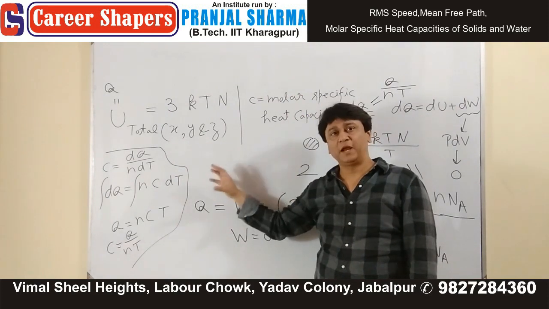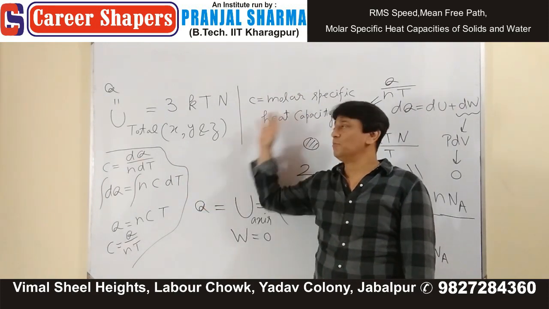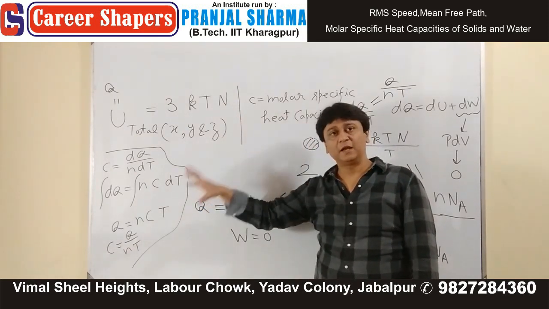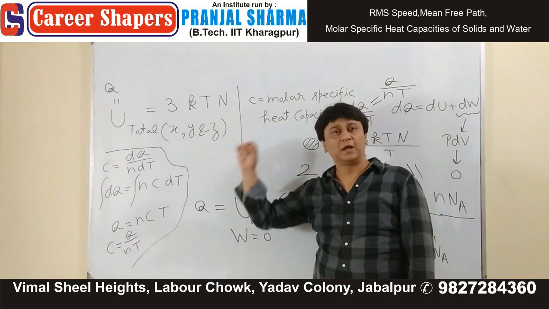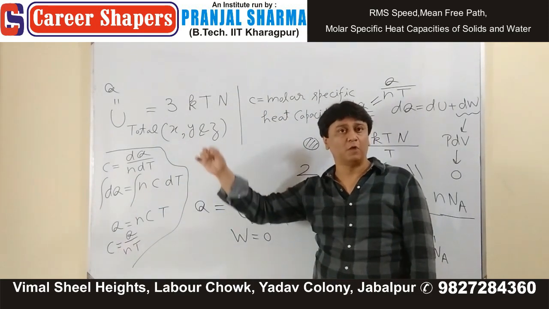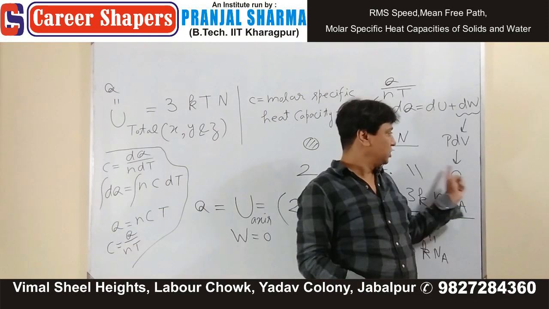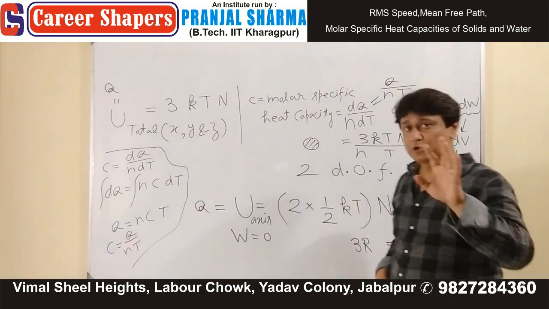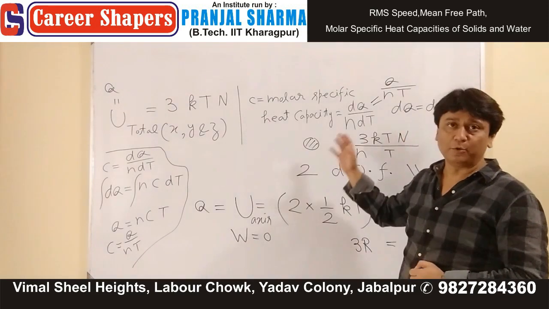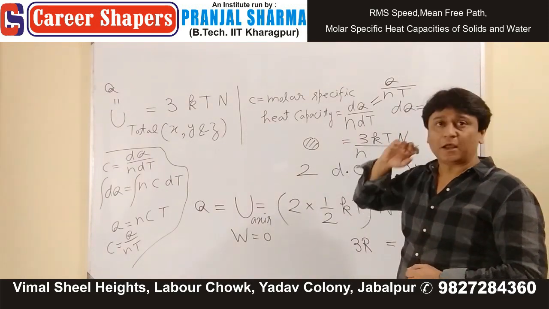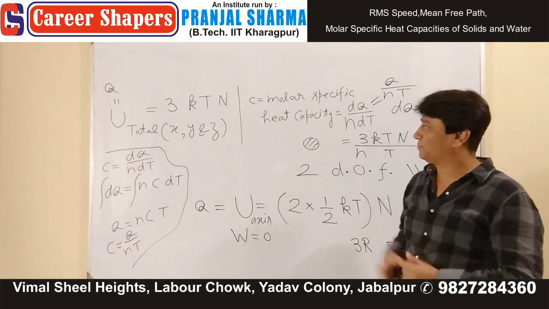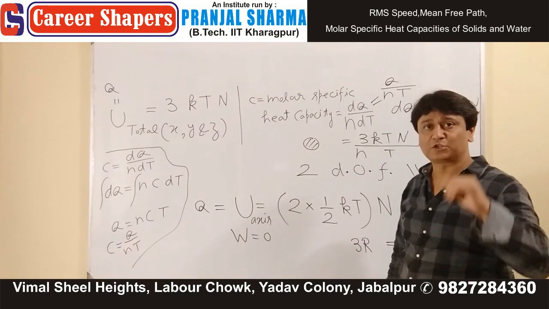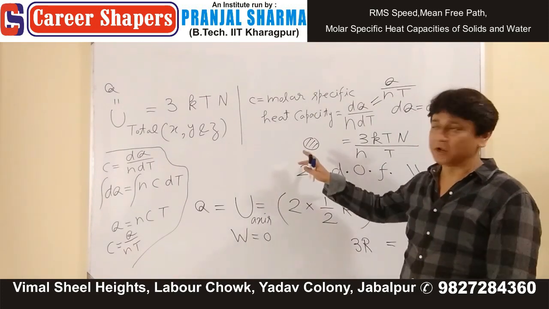If somebody has to find the molar specific heat capacity of a solid, then he has to go through each and every small variation. You will also need to include the concept of change in volume. That too will be present. Contribution of temperature, the concept of every molecule, its oscillation, its rotation, its quantum nature will be present.